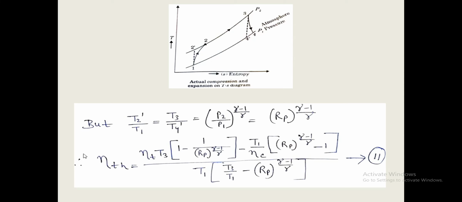So eta TH, that is the thermal efficiency of the cycle, is equal to eta T into T3 (1 minus 1 by Rp to the power (gamma minus 1) by gamma) minus T1 by eta C (Rp to the power (gamma minus 1) by gamma minus 1), by T1 into (T3 by T1 minus Rp to the power (gamma minus 1) by gamma). This is the thermal efficiency of the cycle.